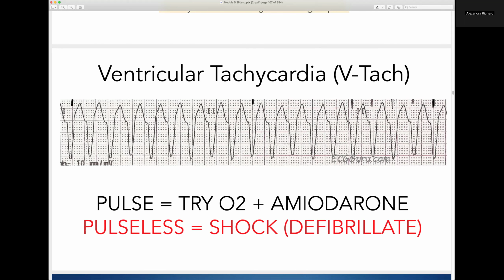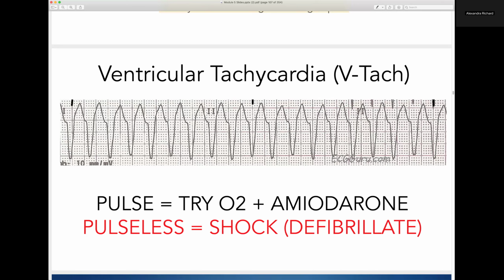The number one priority is to get the defibrillator so we can shock the patient. However, is the defibrillator usually in the room? No. So while you wait for the defibrillator to get there, you can initiate CPR.